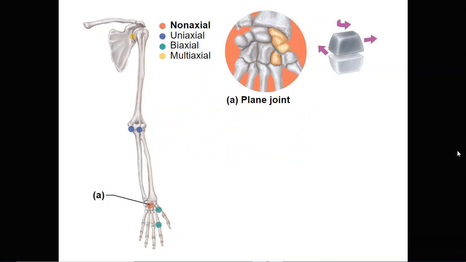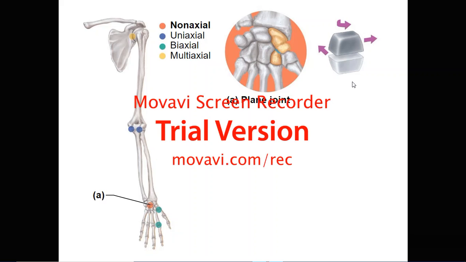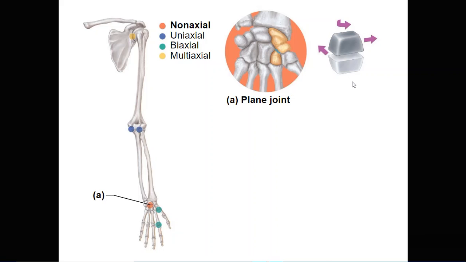The gliding movements occur at the intercarpal joint, which this figure is showing. It also occurs in the intertarsal joints, which would be in your foot, and between the flat articular processes of the vertebrae. That's where you find non-axial movement or gliding movement.